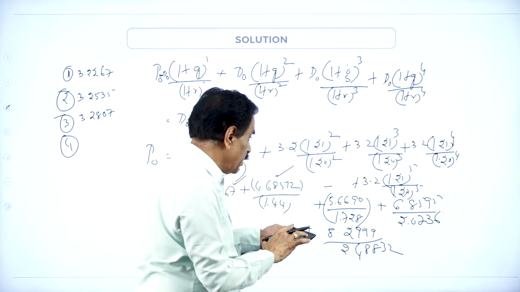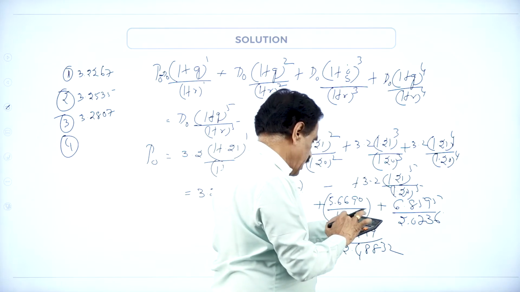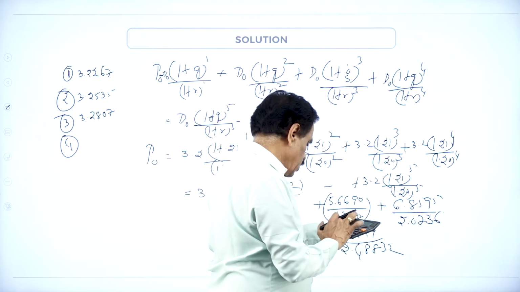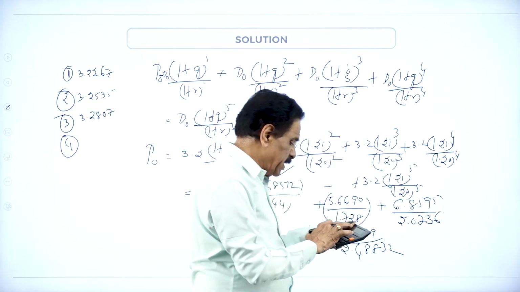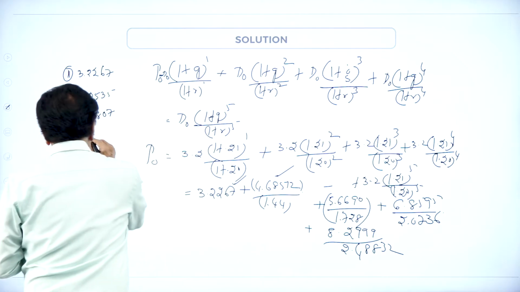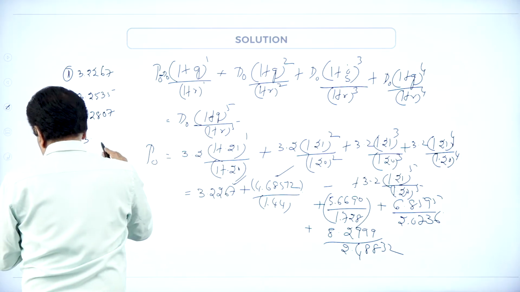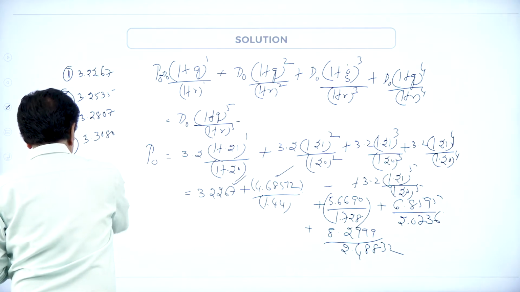Fourth year: 6.8595 divided by 2.0736, 3.3080. This is for the fourth year.